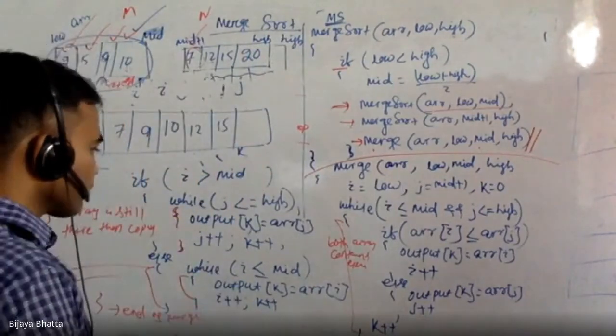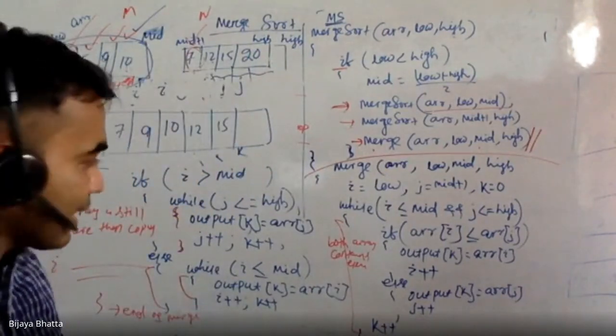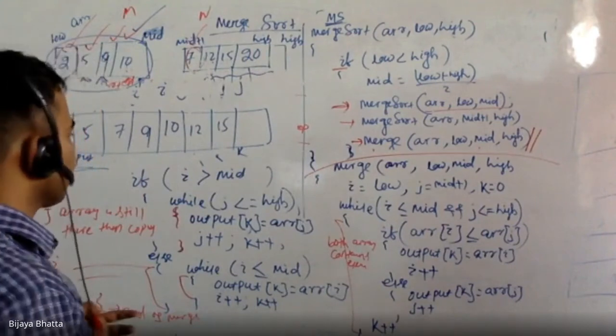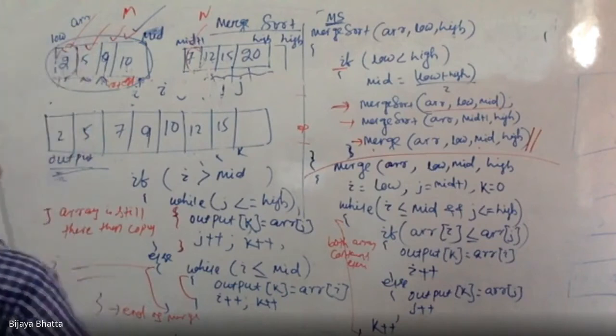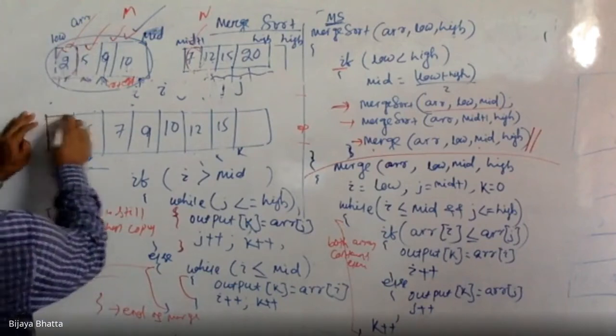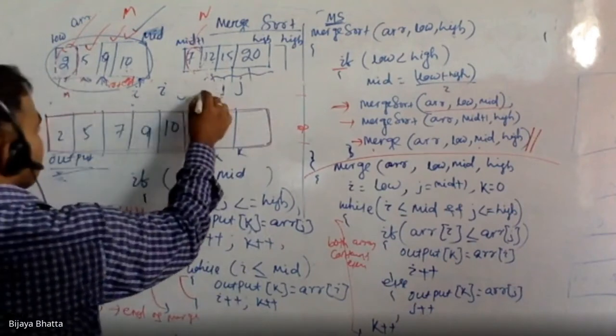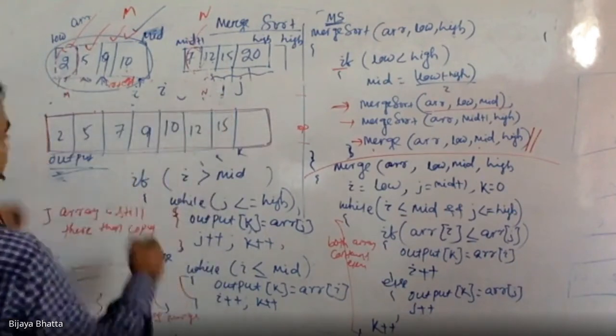So let's see what is the time complexity of merge, right? The time complexity of merge is pretty straightforward. If you look into this, we are formulating an array. Suppose this array size is m and this is n, then this is going to be m plus n.